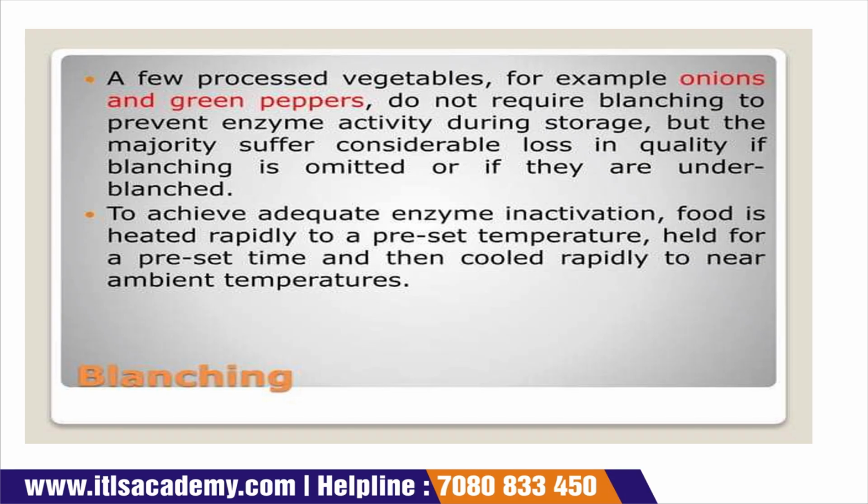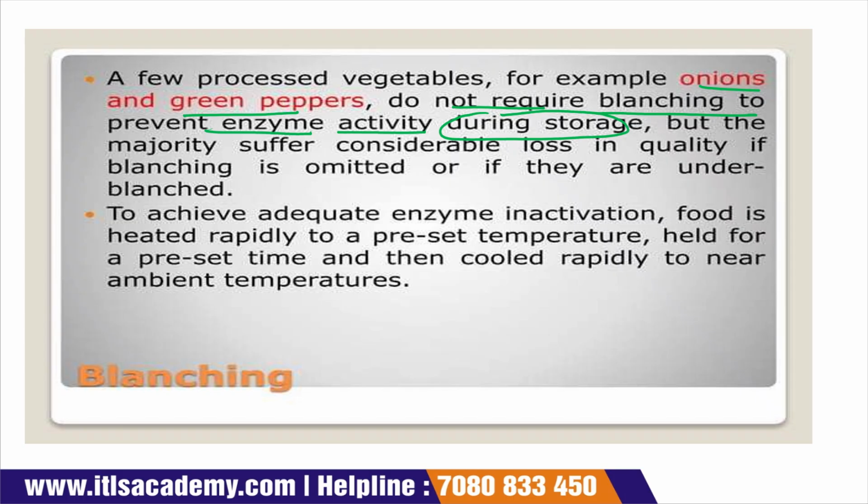A few processed vegetables like onion and green pepper do not require blanching to prevent enzyme activity during storage. There are some vegetables which do not require blanching for the inactivation of the enzyme.